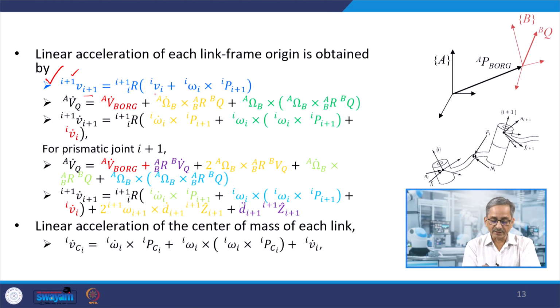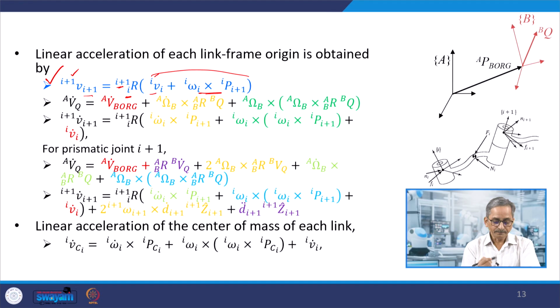This is the velocity of the ith link, again with respect to some universal frame, expressed in terms of the ith frame, and this is the omega cross r term. Here we multiply by the rotation matrix from the ith to the (i+1)th frame in order to get these values in terms of the (i+1)th frame.